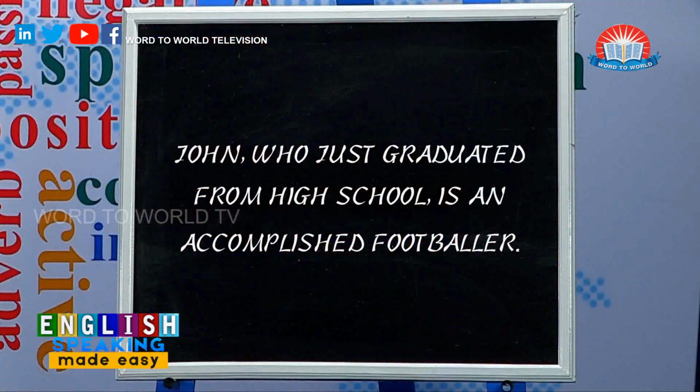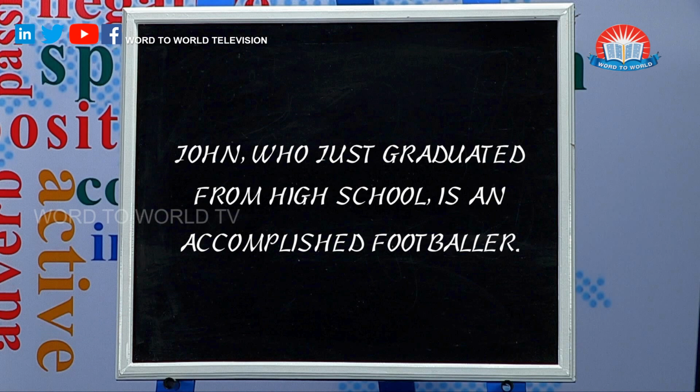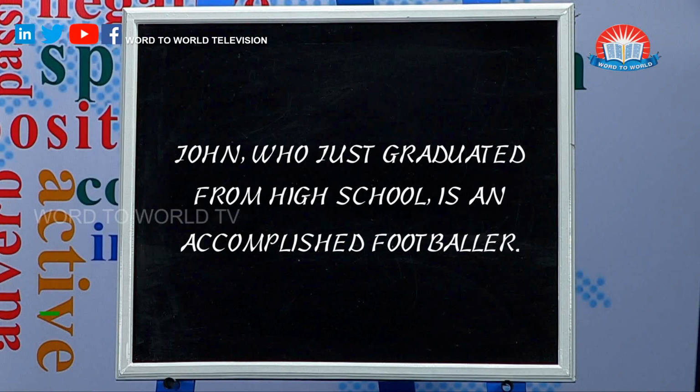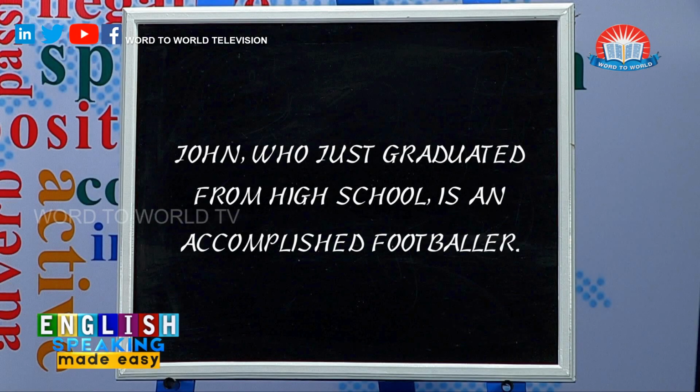For example, when we said John, who just graduated from high school, is an accomplished footballer. The additional information in a non-restrictive clause, we single it out by a comma. So after John there is a comma, who just graduated from high school, there is a comma, and then follows the rest of the sentence.